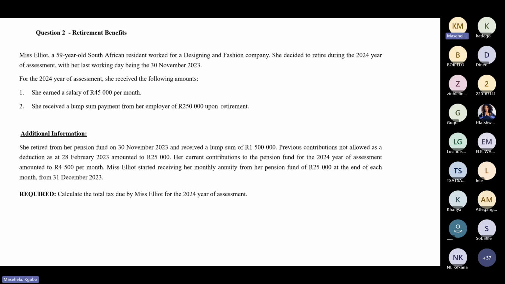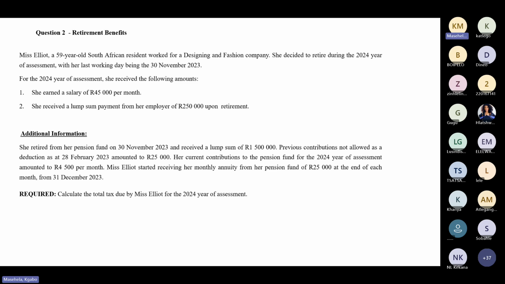This is additional information. She retired from a pension fund on the 30th of November 2023 and received a lump sum of 1,500,000. Previous contribution not allowed as a deduction as at 28 February 2023 amounted to 25,000. A current contribution to the pension fund for the 2024 year of assessment amounted to 4,500 per month.